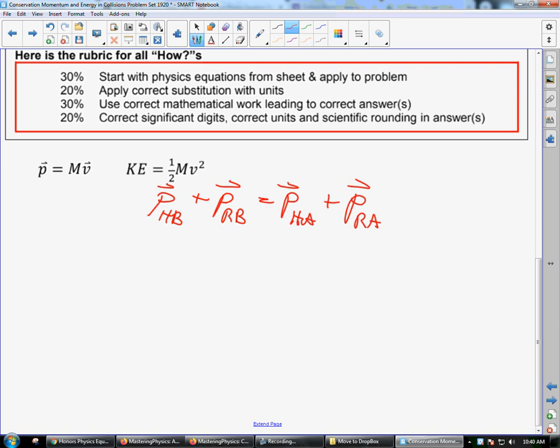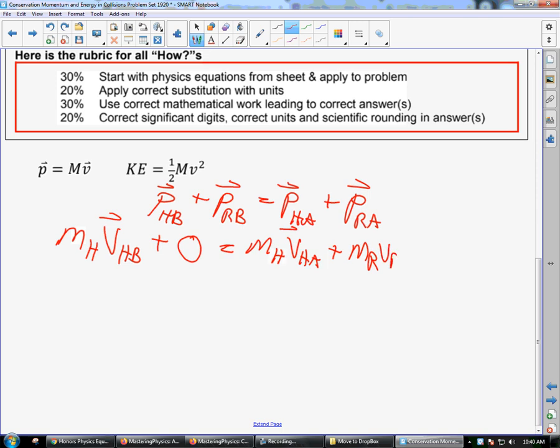So this would be mass of the hammer, velocity of the hammer before, and I'm saying that that's positive, plus the momentum of the rock before was 0, equals mass of the hammer, velocity of the hammer afterwards, plus mass of the rock, velocity of the rock afterwards.